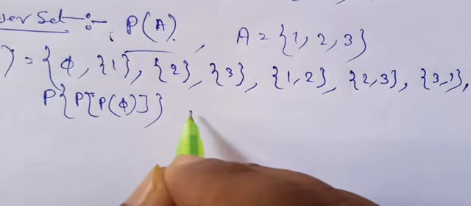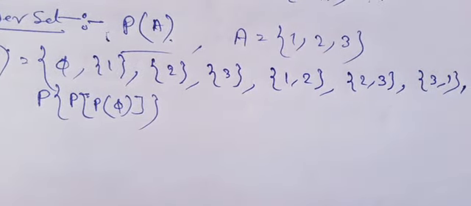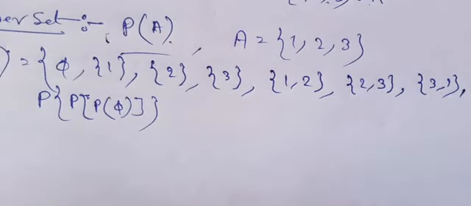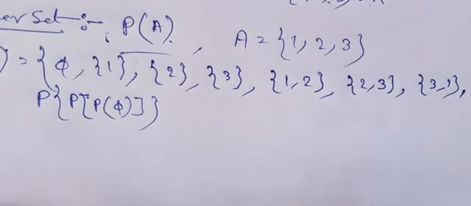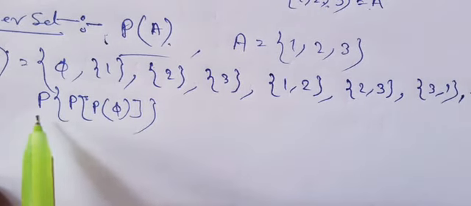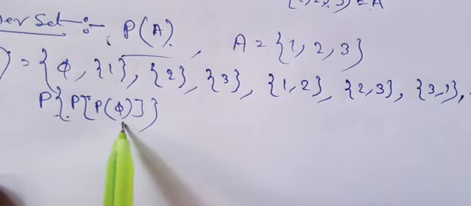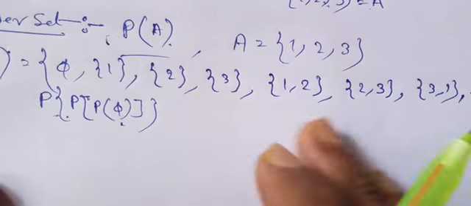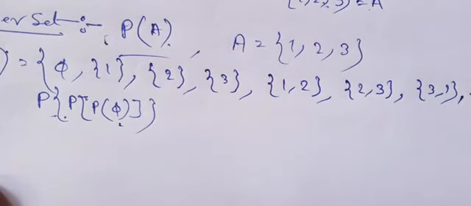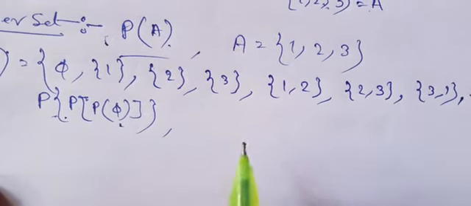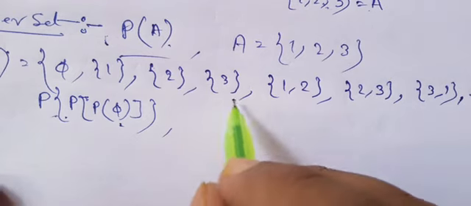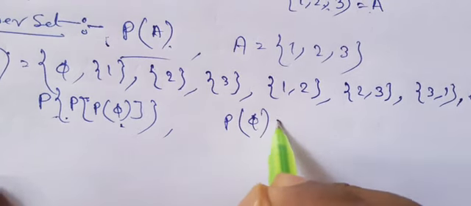Okay, we have to find that. So what we have to do? We have to find the power set of phi. Okay, the number of elements of what? How can you find this? We take P of phi is equal to this.